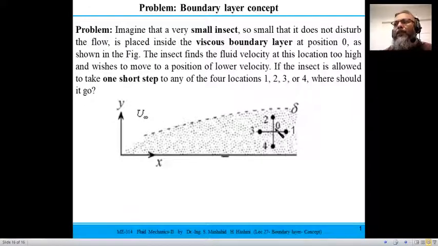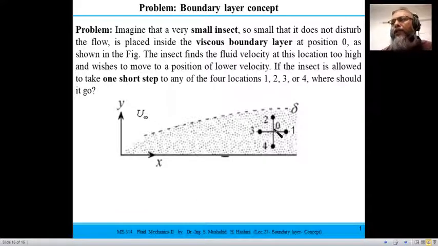Keep in mind that the insect is so small that it is not disturbing the fluid flow. The insect can move in the direction of 1, 2, 3, or 4. So take a pause and try to answer where it should go from these 4 possible directions.